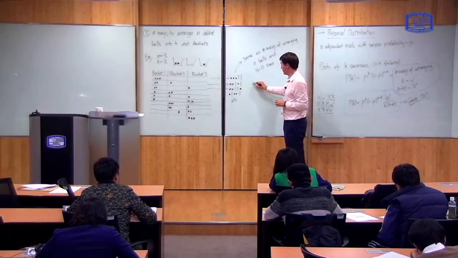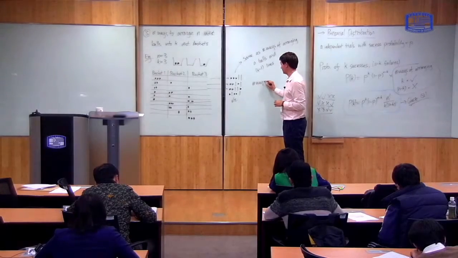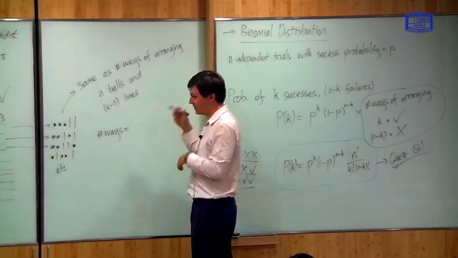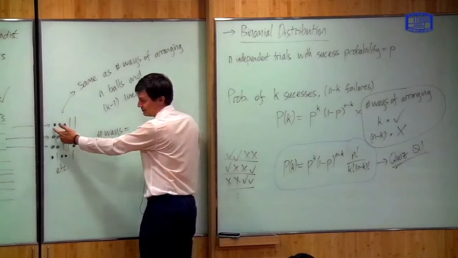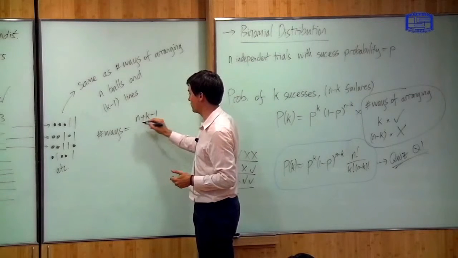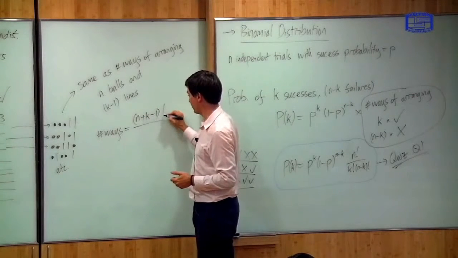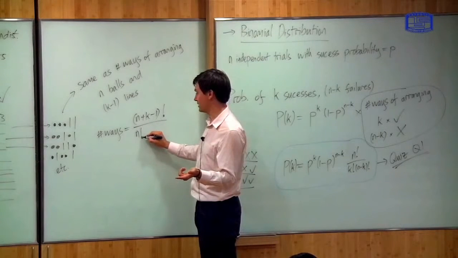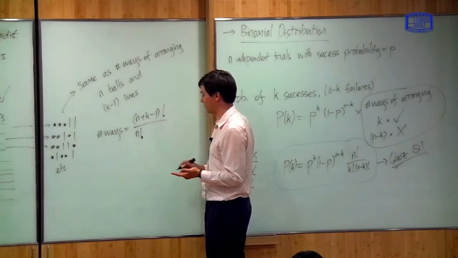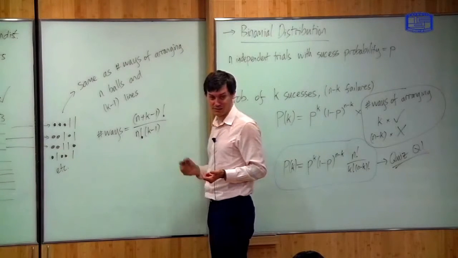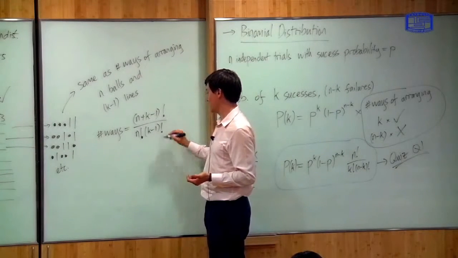And therefore, the number of ways is, what's the formula? It's the total number of objects, which is (n plus k minus 1) factorial, divided by the number of the first type of object, that's balls, which is n factorial, divided by the number of the second type of object, which is lines. So that's (k minus 1) factorial.